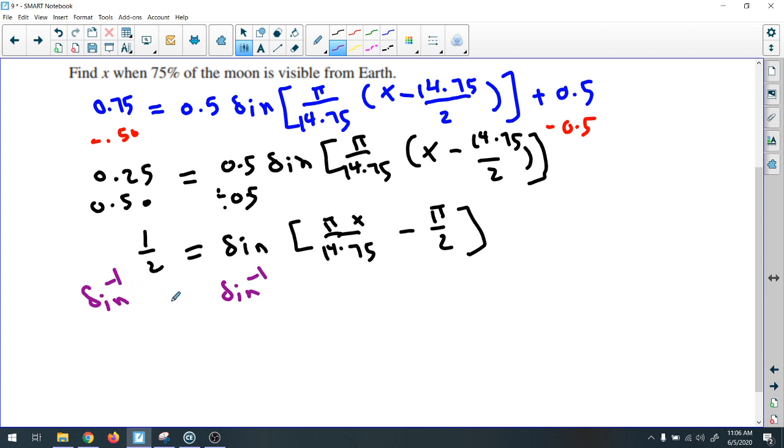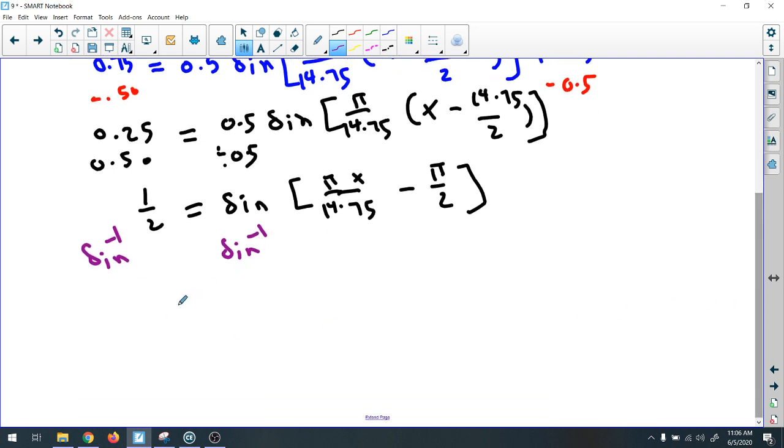So arc sine cancels sine, so it will be pi x over 14.75 minus pi over 2 equals arc sine, or the angle that its sine is a half.